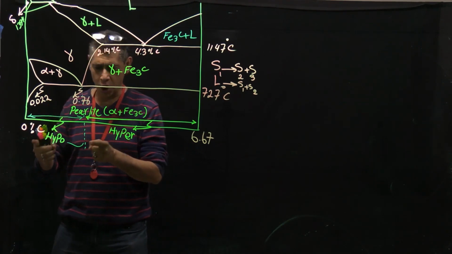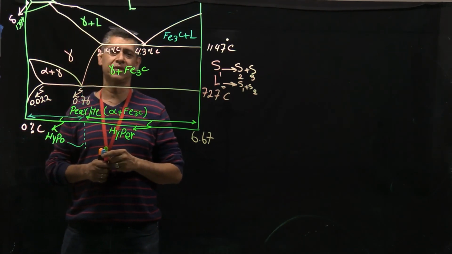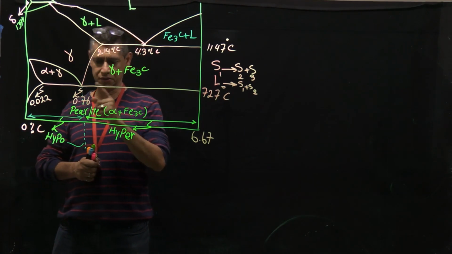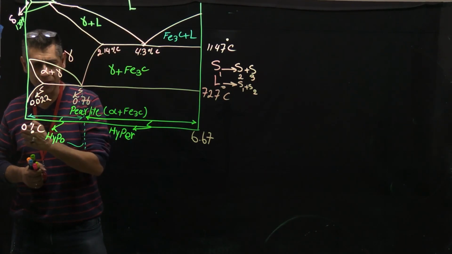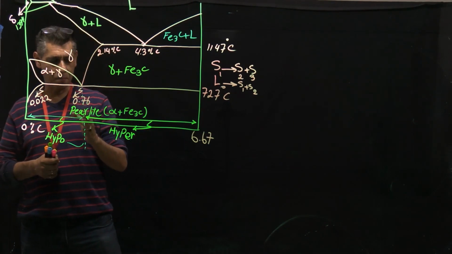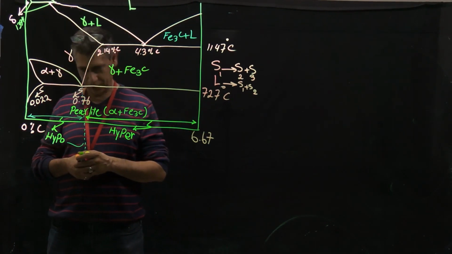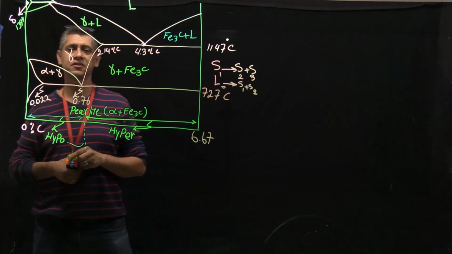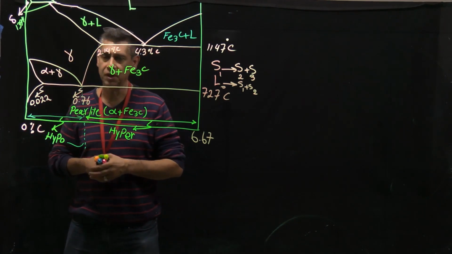We know that carbon content below 0.76 is called hypoeutectoid. Above that is hypereutectoid. At 0.76 is called the eutectoid composition.